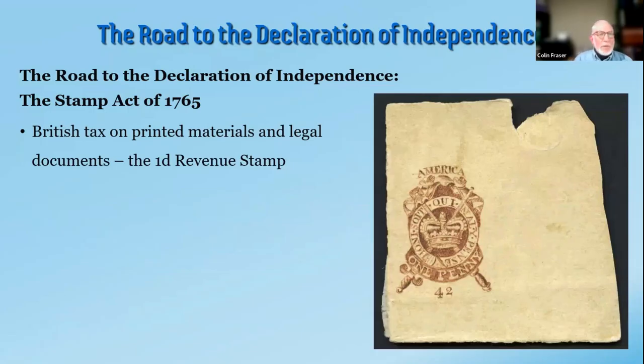It was this event that gave rise to that phrase. So what we see here is a proof of the hand stamp used to tax printed matter. This is a proof.